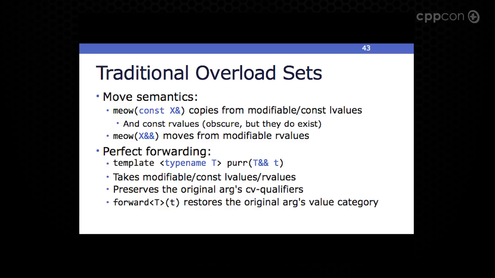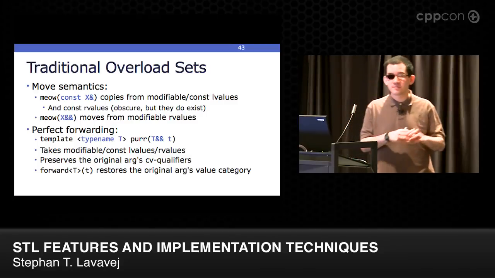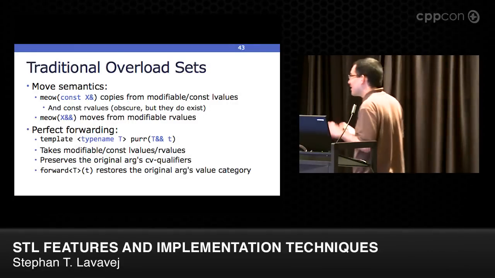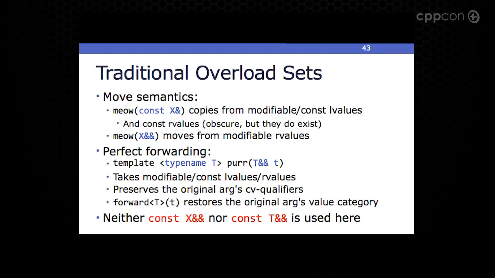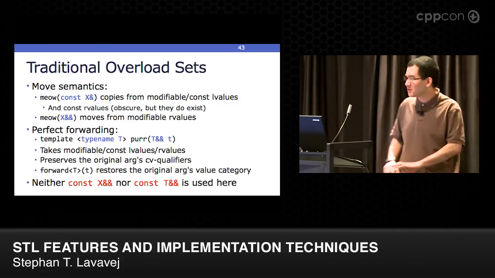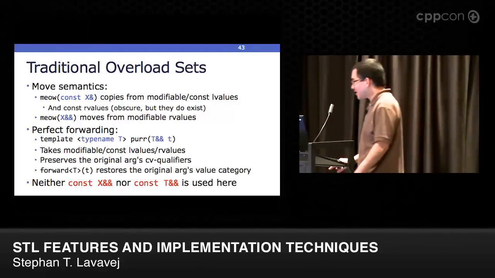We take some arbitrary T ref ref, we forward it down, and we preserve the original CV qualifiers and the value category, the lvalueness or rvalueness. In neither of these overload sets does the type const X ref ref or const T ref ref ever appear. Some people are like, oh, const is good, I should just slap it on move semantics and perfect forwarding. And no, it totally breaks these overload sets. Do not use it there.